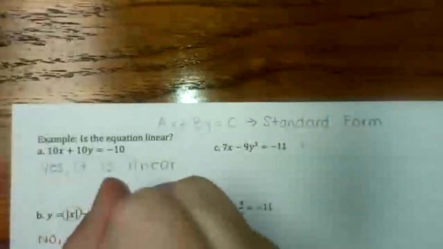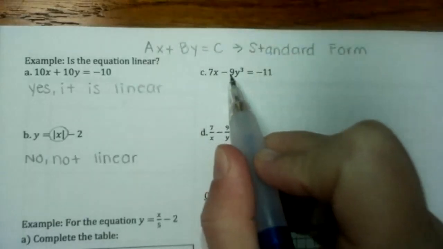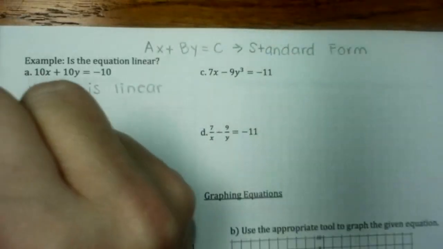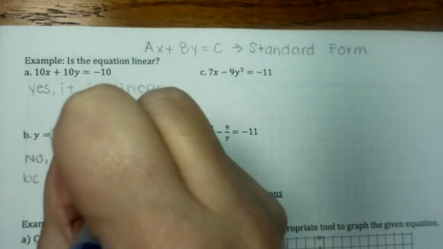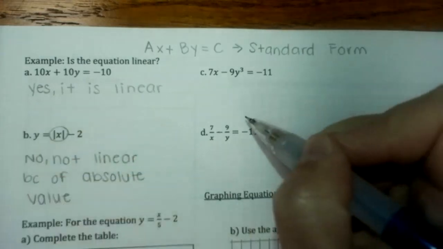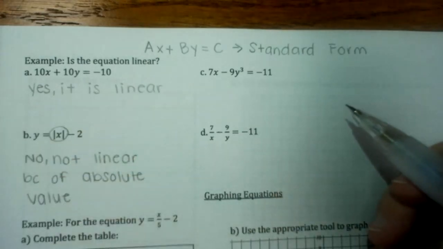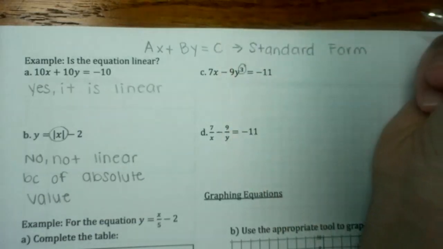Next one, let me just change the way this looks. C, 7x minus 9y cubed equals negative 11. So here I have this cubed. I have y to the third power.